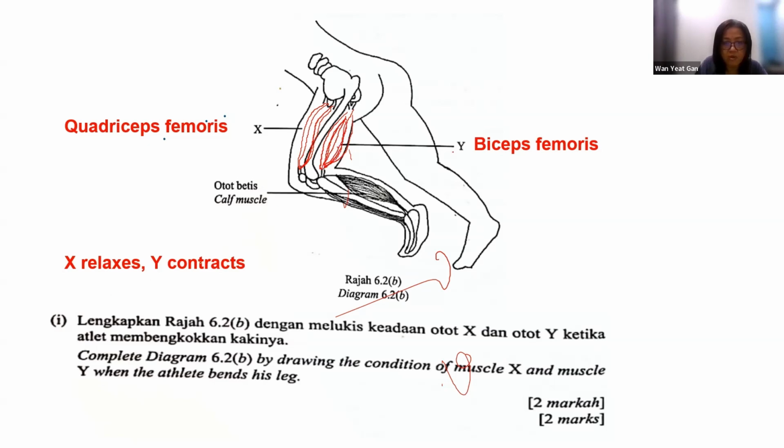Okay, because Y contracts, the biceps contracts, whereas X relaxes. So that means X, you have to draw the muscle a little bit long, whereas the biceps, you draw it a bit short, and it is a little bit thicker, the muscle. Okay, so that's how you draw the muscle. So make sure it's attached to the tendon at the end.